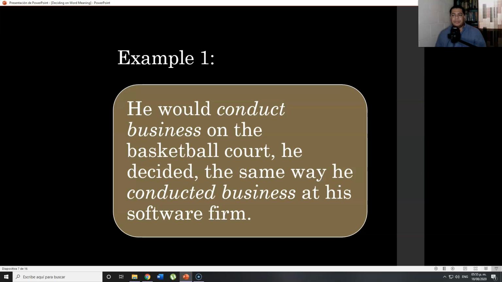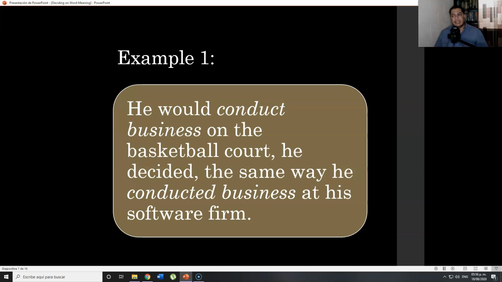I have two examples that I would like you to take a look at. I'm going to read the first one. He would conduct business on the basketball court. He decided the same way he conducted business at his software firm. I want you to check that I have used italics in conduct business.